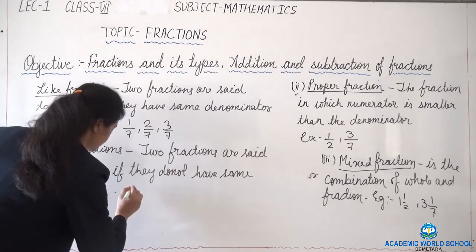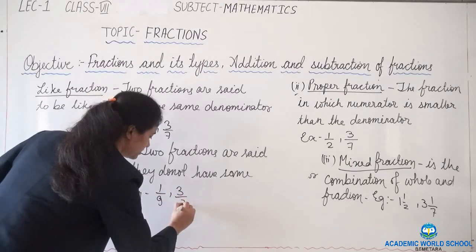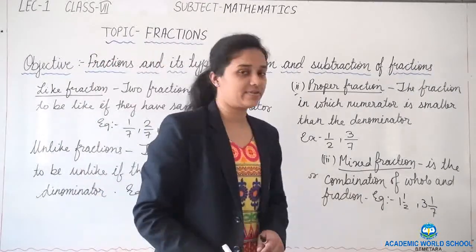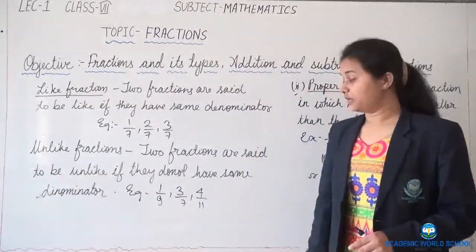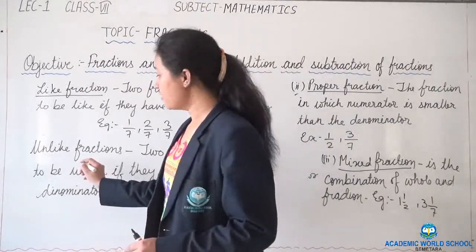Examples: 1 by 9, 3 by 7, 4 by 11. So, in all these three fractions, what we observe that denominators are not same. So, they are termed as unlike fraction.